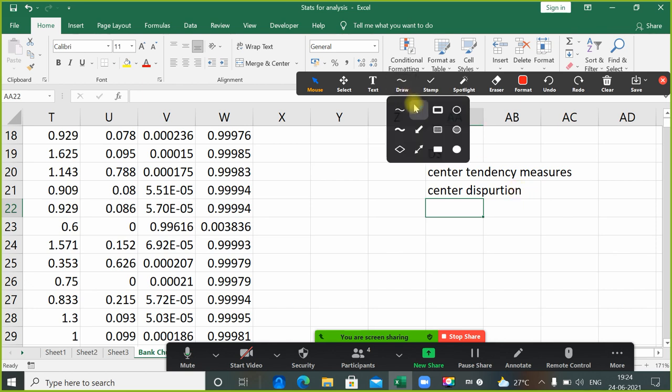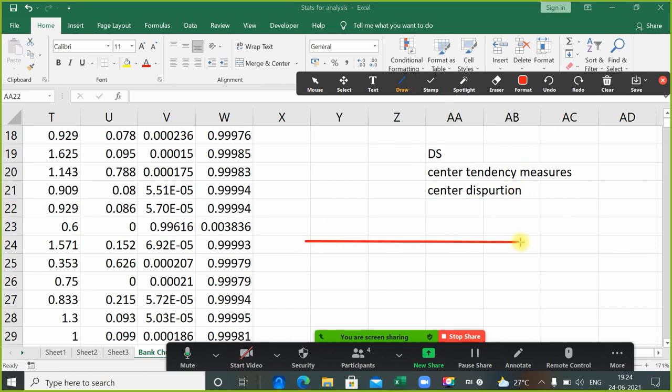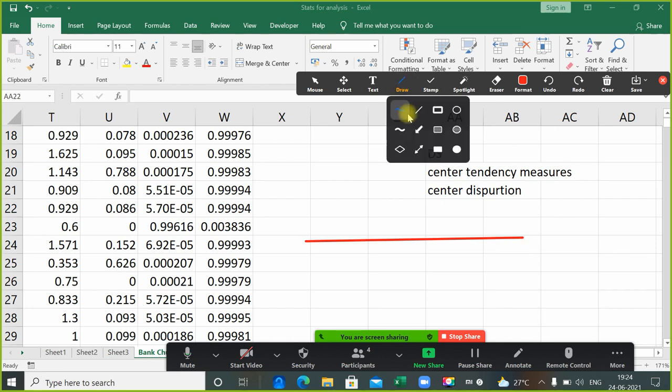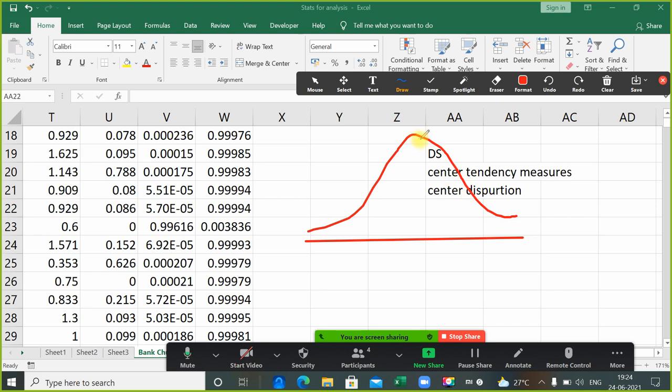For example, if I take any data and it is distributed like this, then where exactly the center is located can be calculated using the central tendency measures. Dispersion is nothing but how they are distributed from the center. Is it distributed equally on both sides, or is one side skewed, or is there kurtosis?